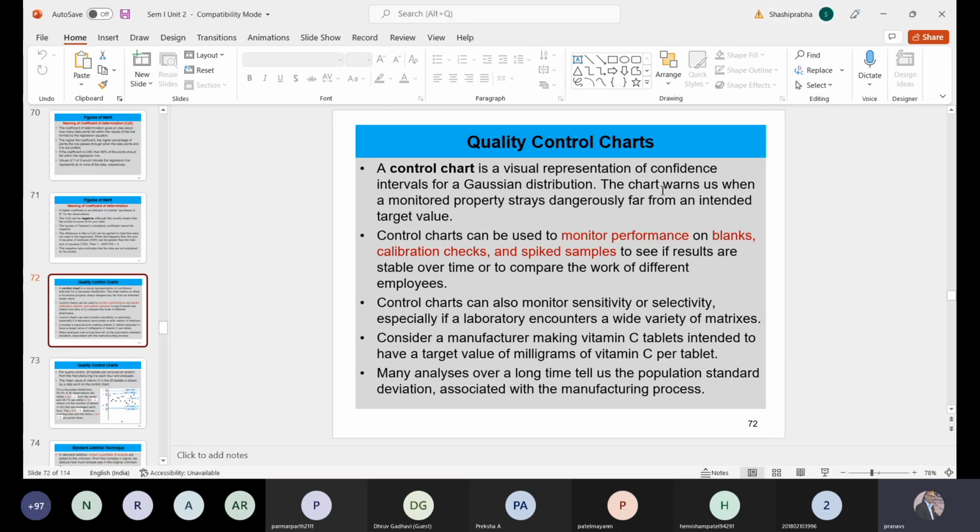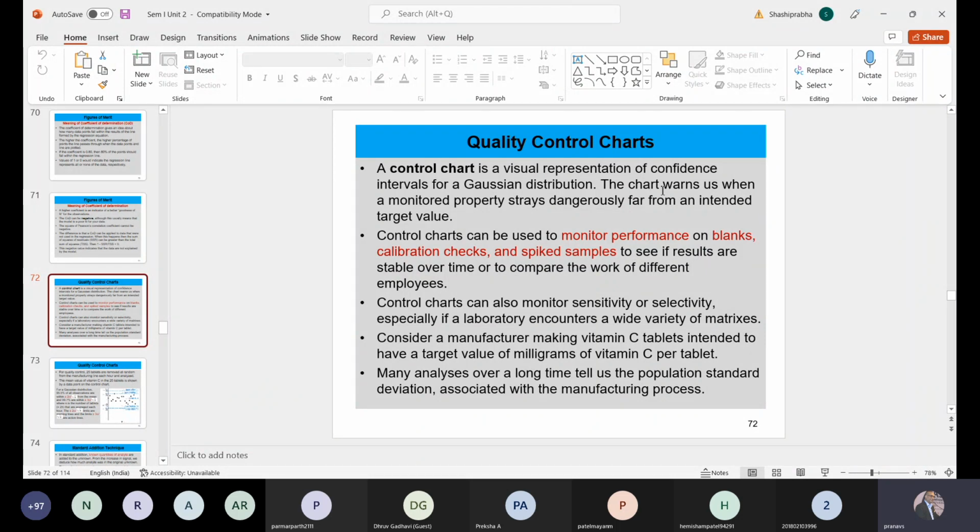So how far any particular value deviates from the mean, such that it goes beyond Gaussian distribution, is the whole intention of having quality control charts.